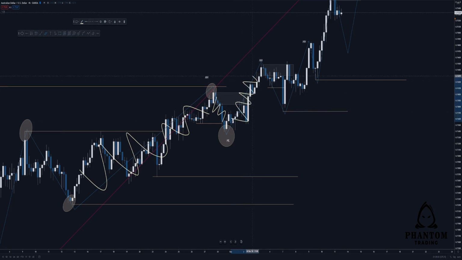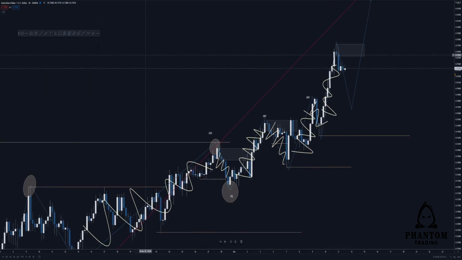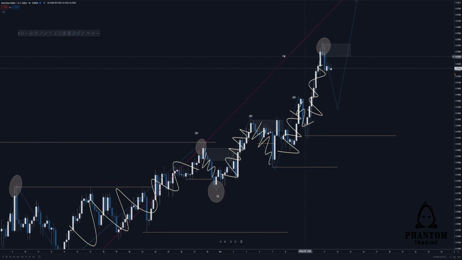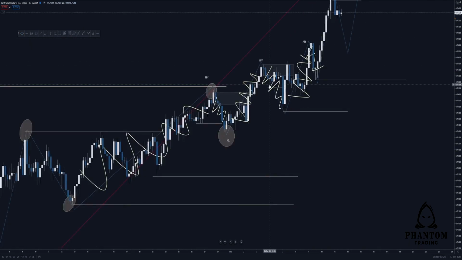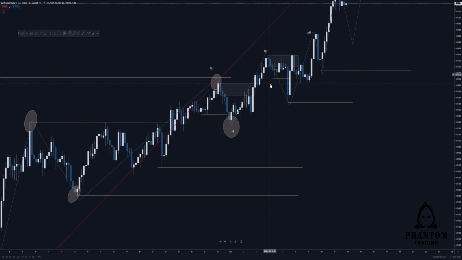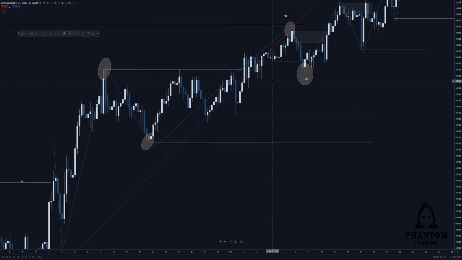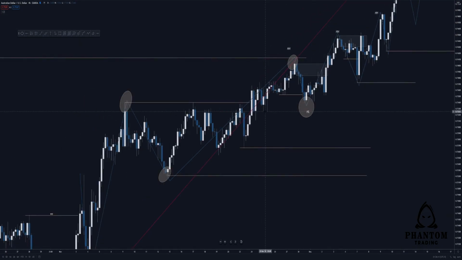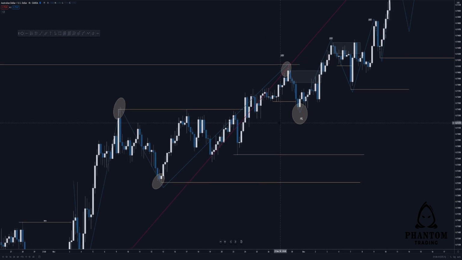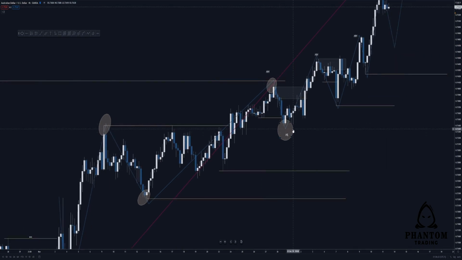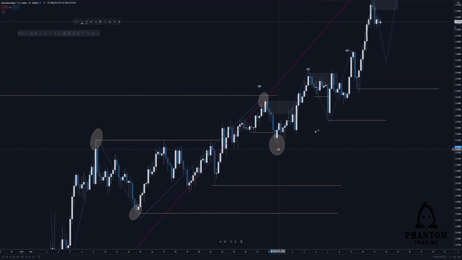There are going to be a lot more opportunities inside of your bullish, bearish legs than there are at the swing high, swing low pivot points. That's just the nature of it. So the most optimal place to look for order blocks and for your entries is where these higher lows are formed.